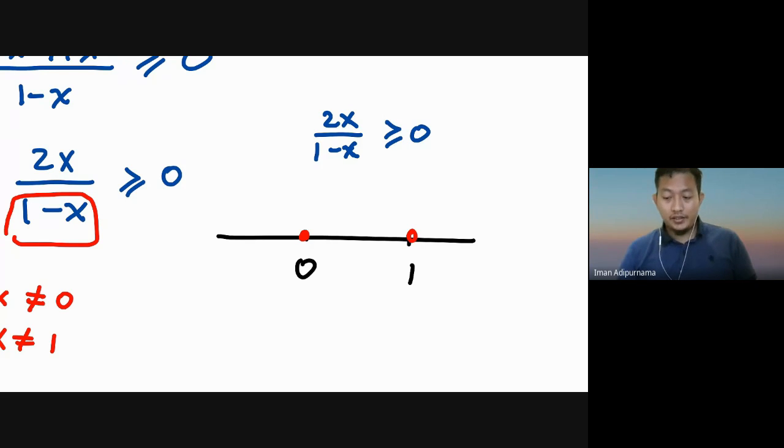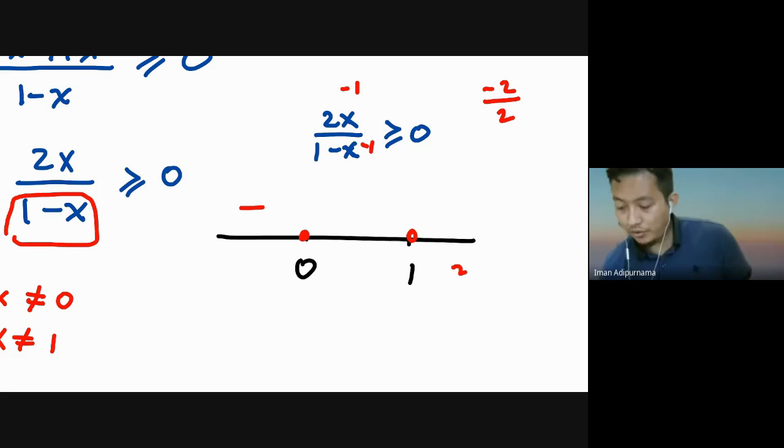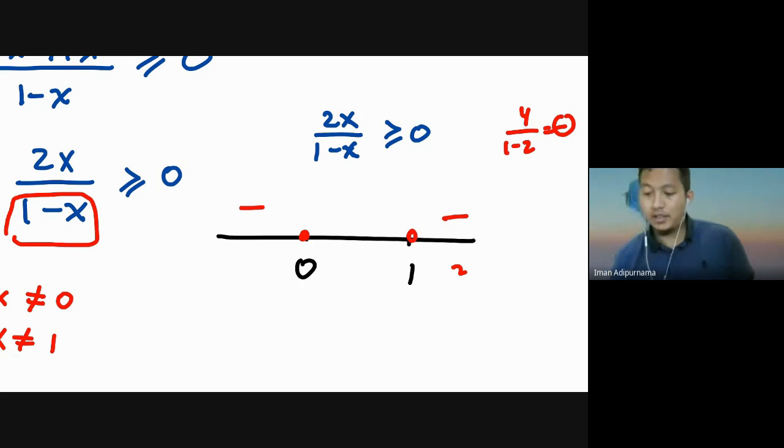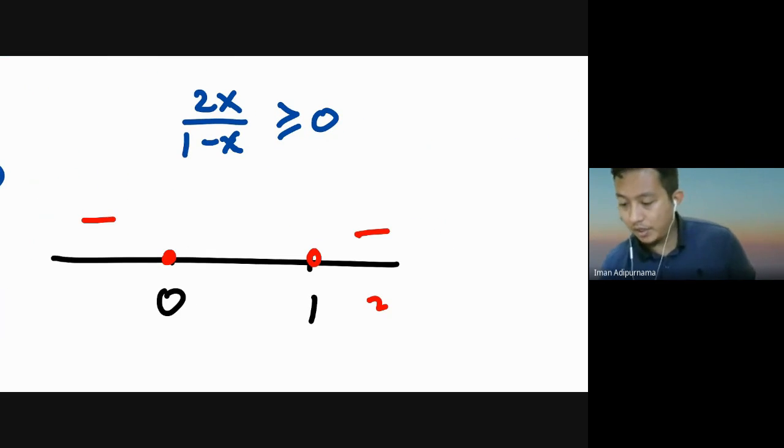If you have a negative, maybe negative 1, plug it here, you have negative 2, divided by 2, it's negative, right? If you try 2, it's 4, divided by negative 1, it's also negative. Maybe in the middle, the fractions, maybe half.